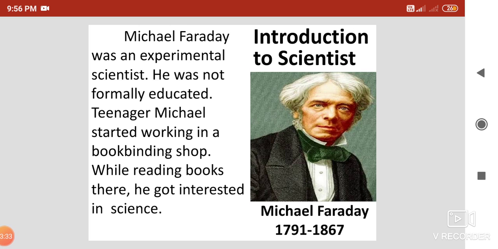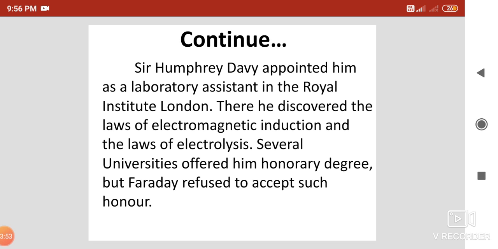Michael Faraday was an experimental scientist. He was not formally educated. As a teenager, Michael started working in a bookbinding shop. While reading books there, he got interested in science. Then Sir Humphrey Davy appointed him as a laboratory assistant in the Royal Institution, London.